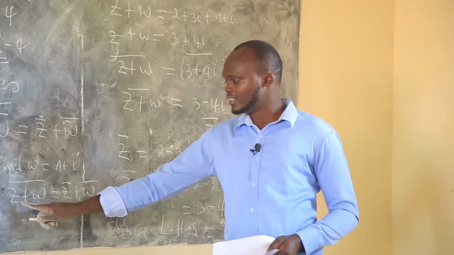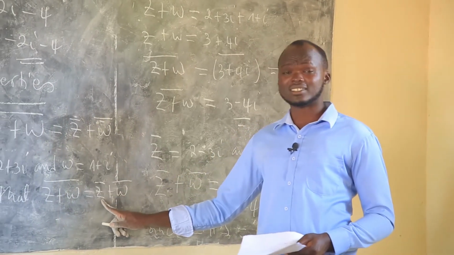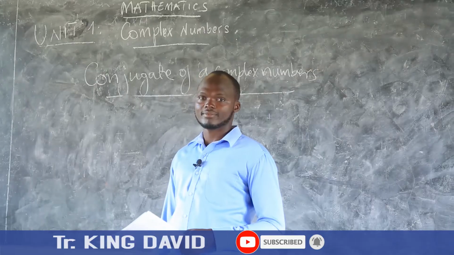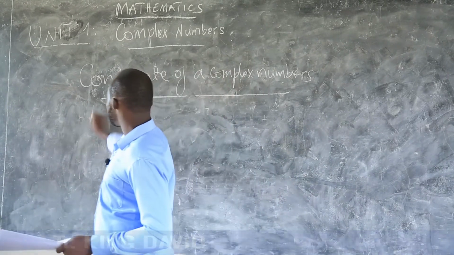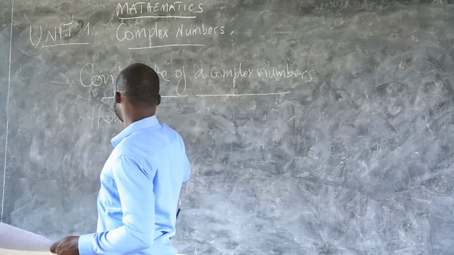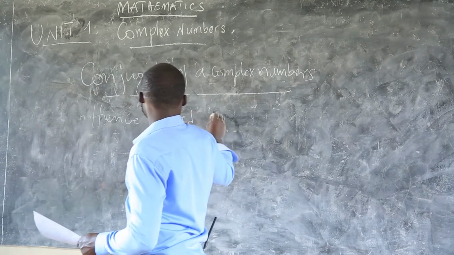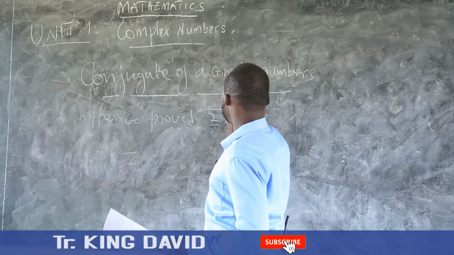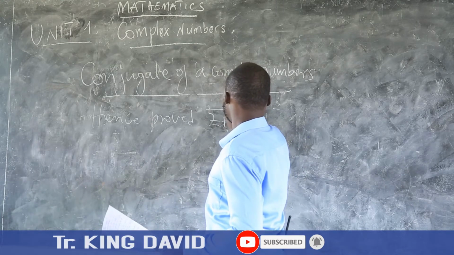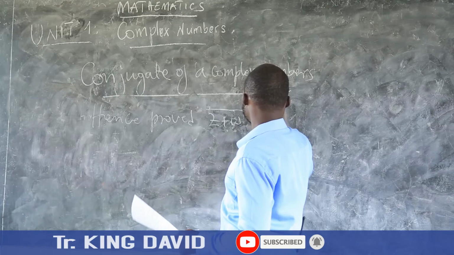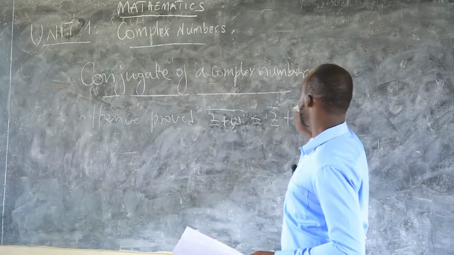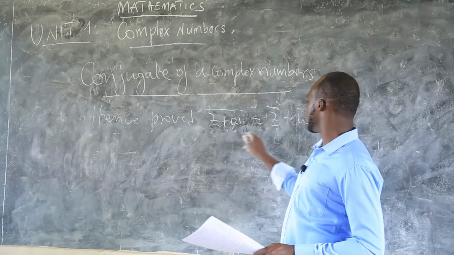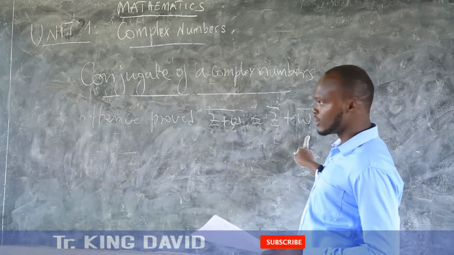We have proved that the conjugate of Z plus W is the same as Z conjugate plus W conjugate. Hence proved that the conjugate of Z plus W is the same as Z conjugate plus W conjugate.